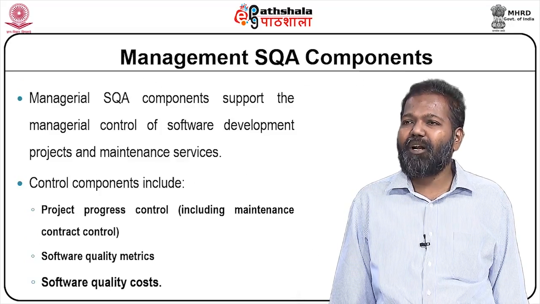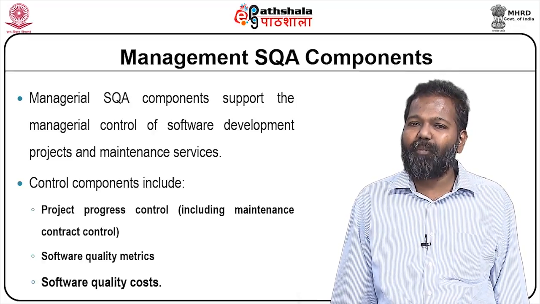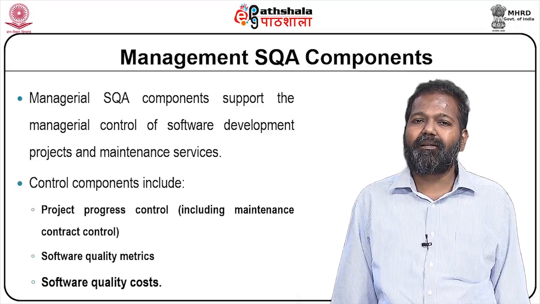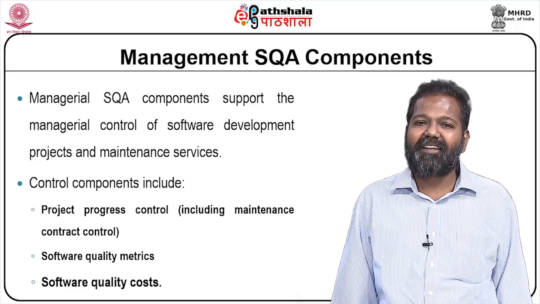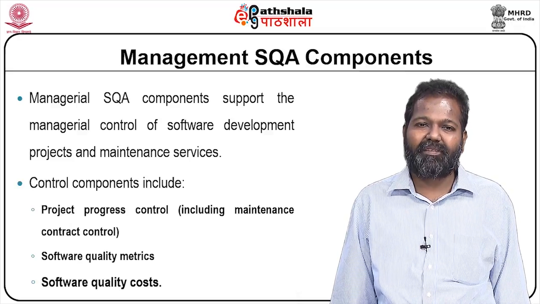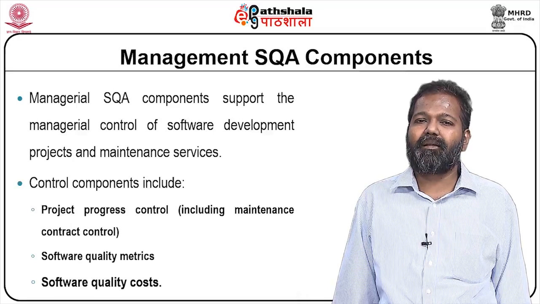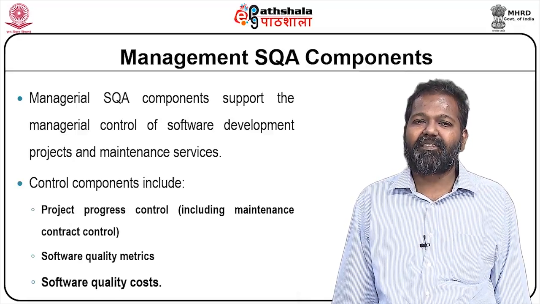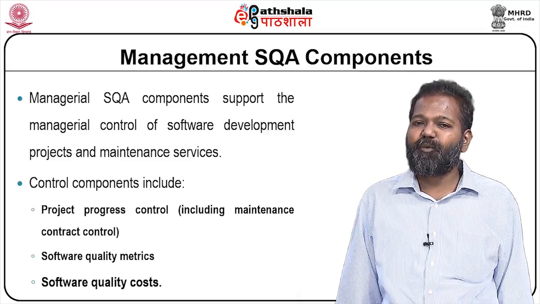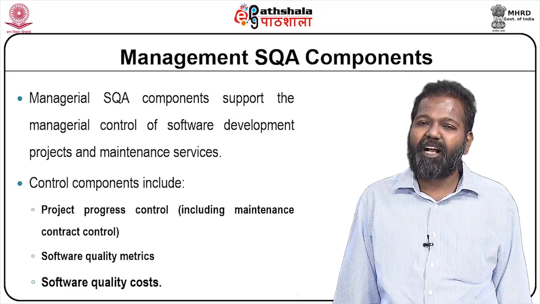Management software quality assurance components. Managerial software quality assurance components support the managerial control of software development projects and maintenance services. Control components include project progress control, including maintenance contract control, software quality metrics, software quality costs.